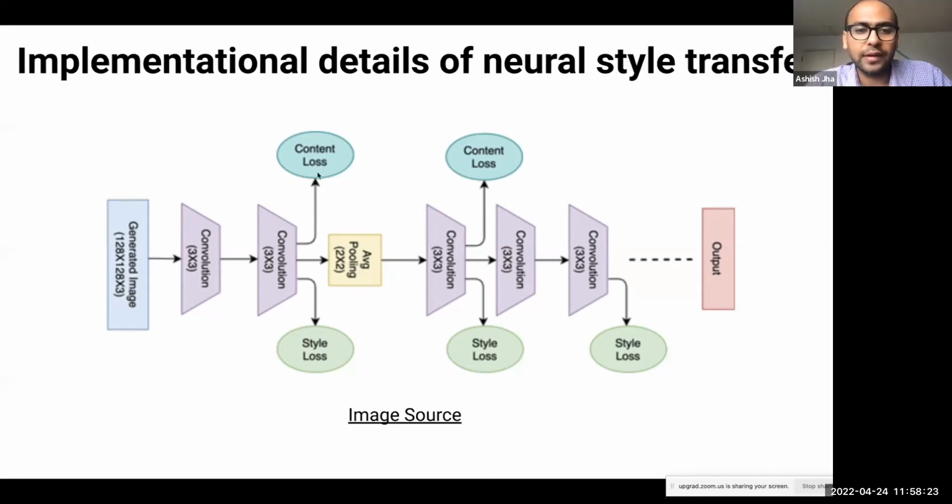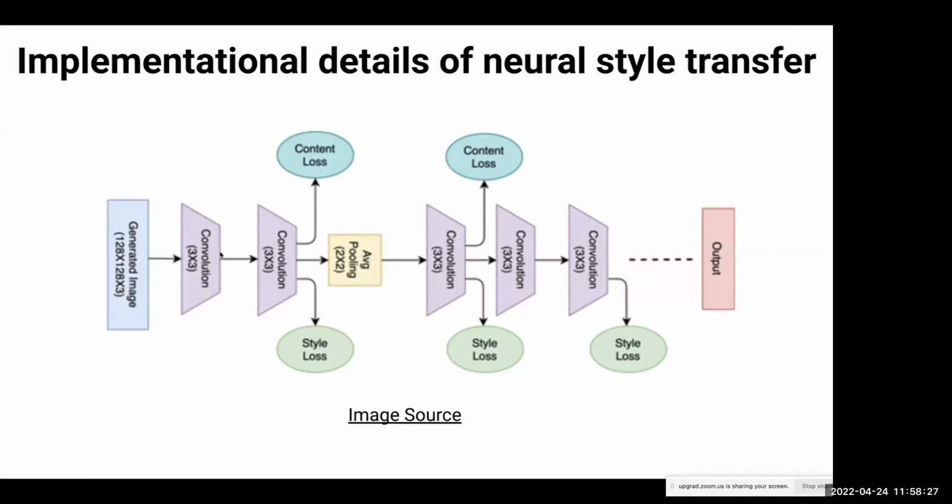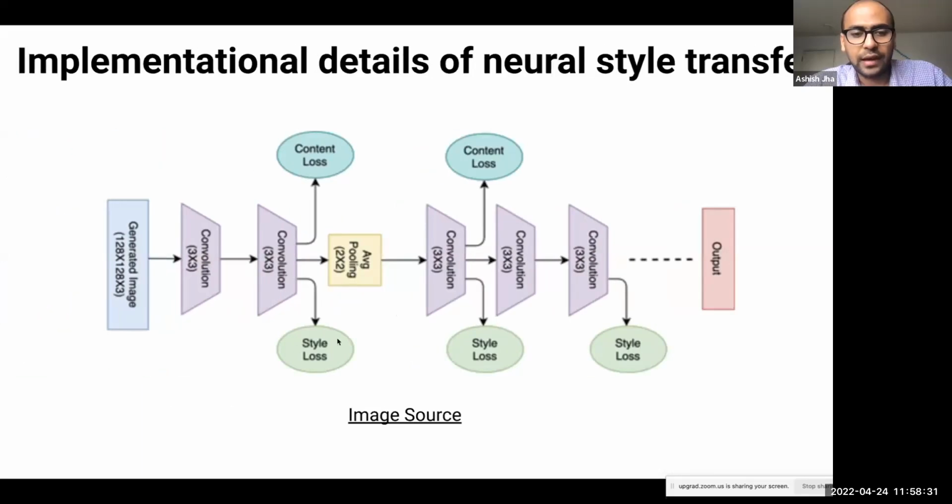So if we have a content loss here, it means we will also compute the loss here and inject back the gradients. And if we have a style loss here, we will also do the backpropagation from this path. Similarly, we will do a backpropagation from this path, from this path, from this path. This is to say, we want to assess the contribution of different convolutional layer outputs.